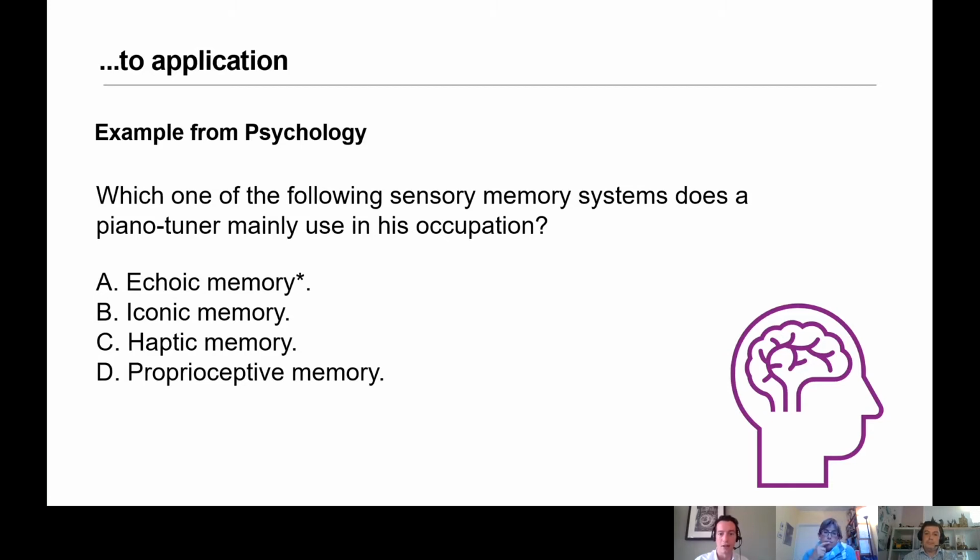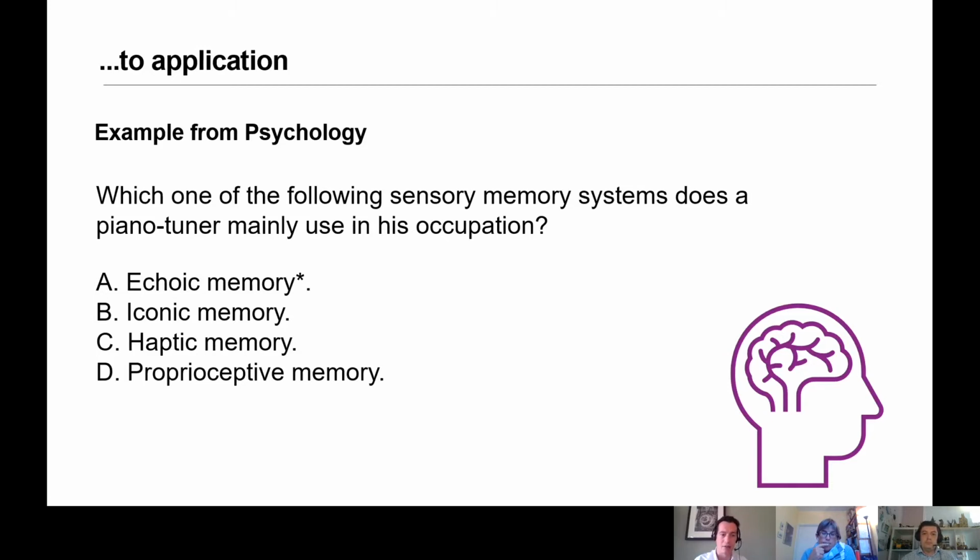Which one of the following sensory memory systems does a piano tuner mainly use in his or her occupation? So the idea is that they will have an understanding of what the different memory systems do, but they will also have to understand the role that a piano tuner has and apply the knowledge that they have around sensory memory to the particular application of how a piano tuner goes about their work.